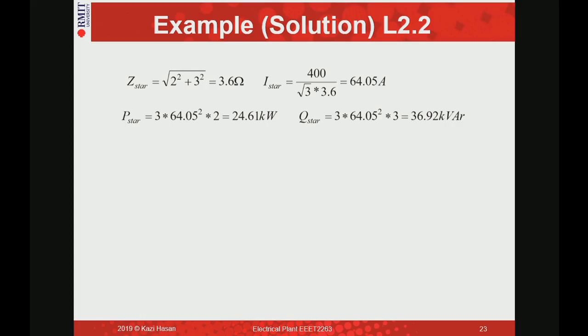Then we have to do the calculation for the delta part. For delta connected circuits, the impedance was given as 6 plus j6. Then to calculate the current, and this is the line current, we divide the voltage with the impedance.